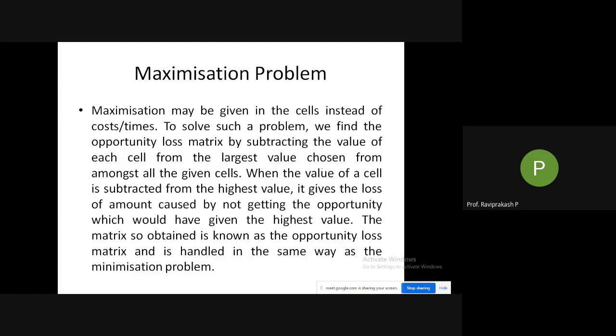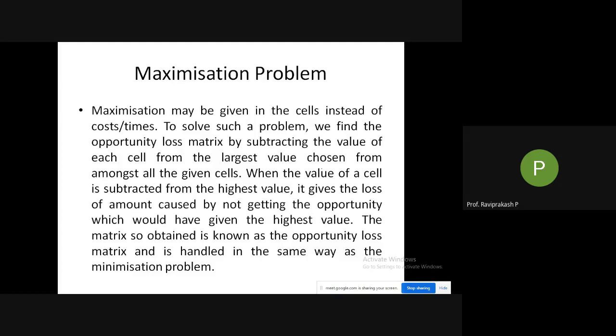Any doubts here, students? Any doubts on what to do in a maximization problem if they have given one? Always read the question properly in the question paper. First check what kind of question is given to you, whether it is transportation, assignment, or LPP.